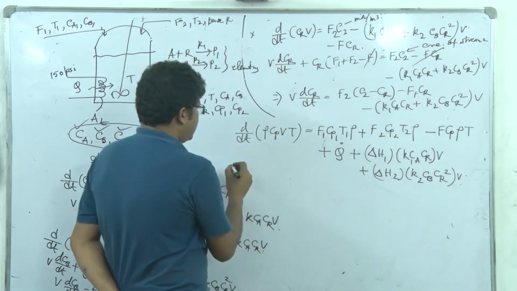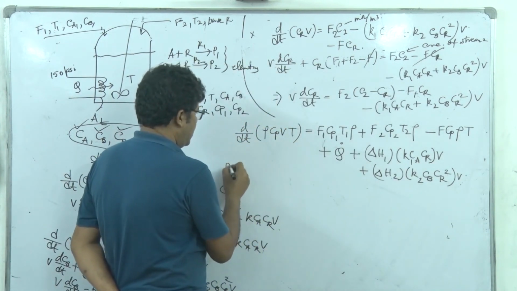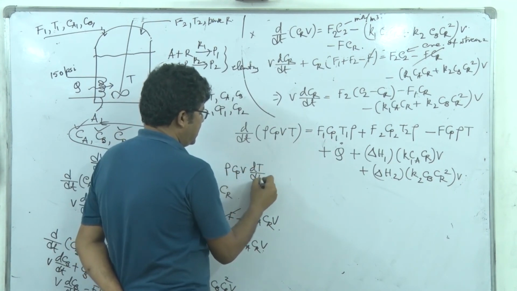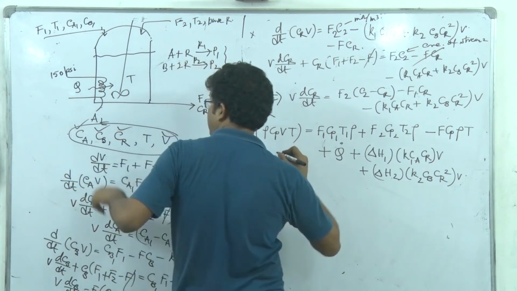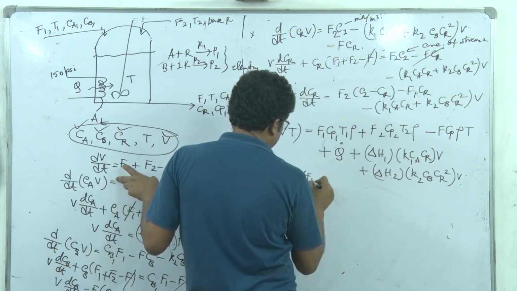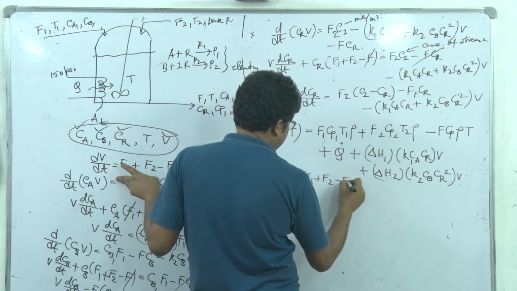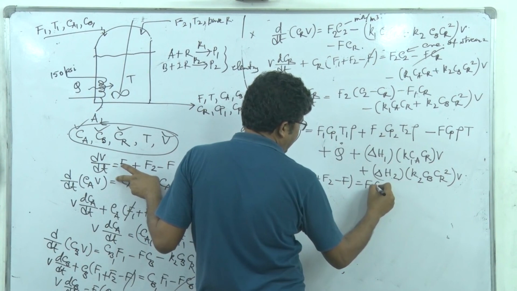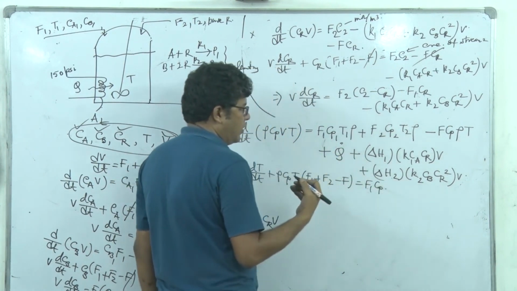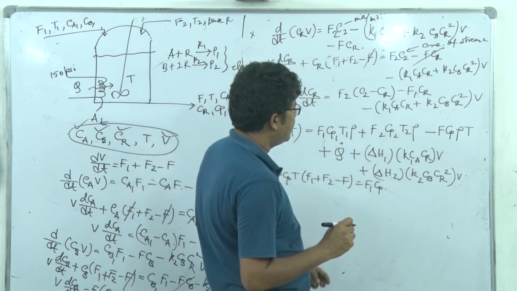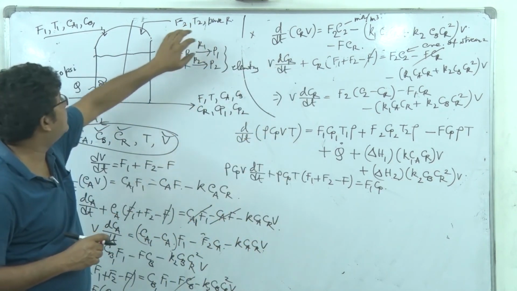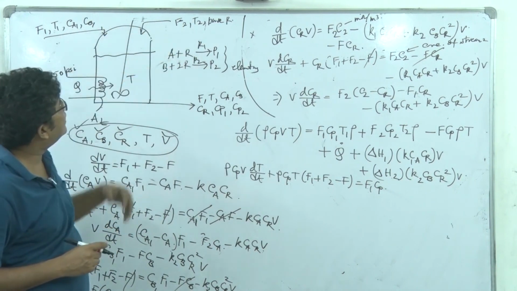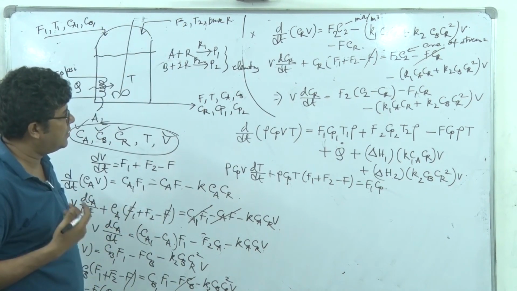Right. So what you can do, rho Cp V dT dt plus rho Cp T dV dt is again F1 plus F2 minus F, is equal to F1 Cp. Let's say Cp and rho remain constant, right? But actually there is a problem because as we have a pure R stream here, the equal density consideration is a bit difficult, but okay.